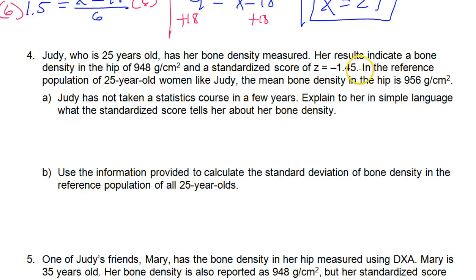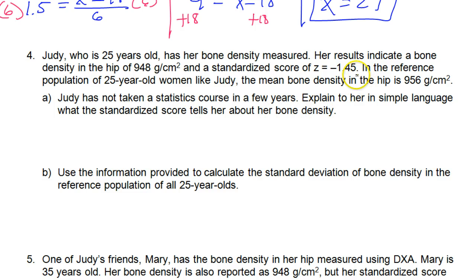All right? In the reference population of 25-year-old women like Judy, the mean bone density is 956 grams per square centimeter. All right, Judy has not taken a statistics course in a few years. Explain to her in simple language what the z-score tells her about bone density.